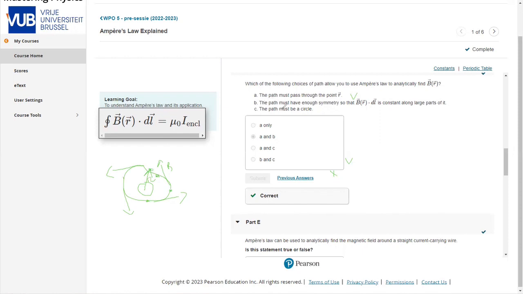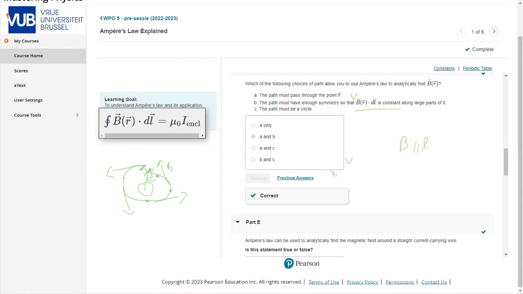Option B: the path must have enough symmetry so that B and dL are constant along a large part of it. If B and dL are constant, it means that they have to be in the same direction like this, parallel to each other.